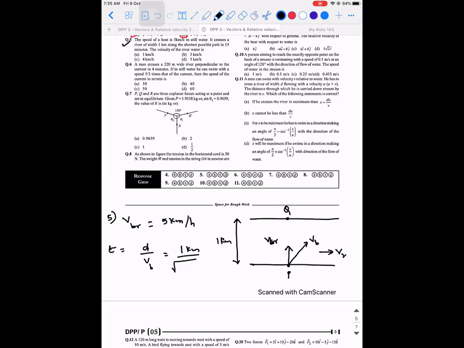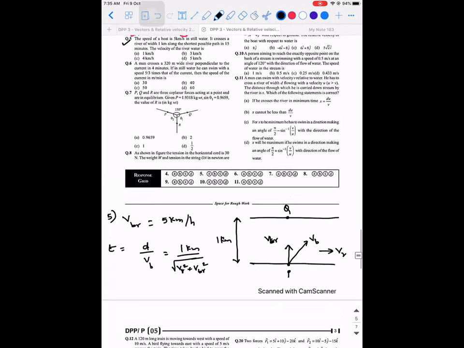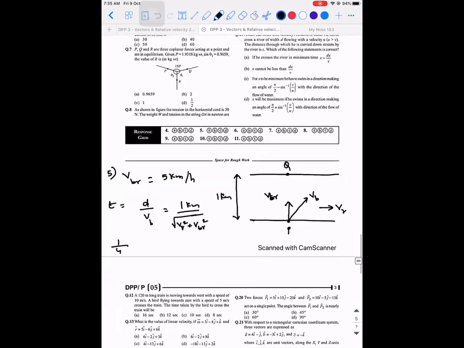Yes, VR square plus VBR square. Right. So time is how much? 15 minutes, right? That is 1/4 of an hour. Solve this and tell me.